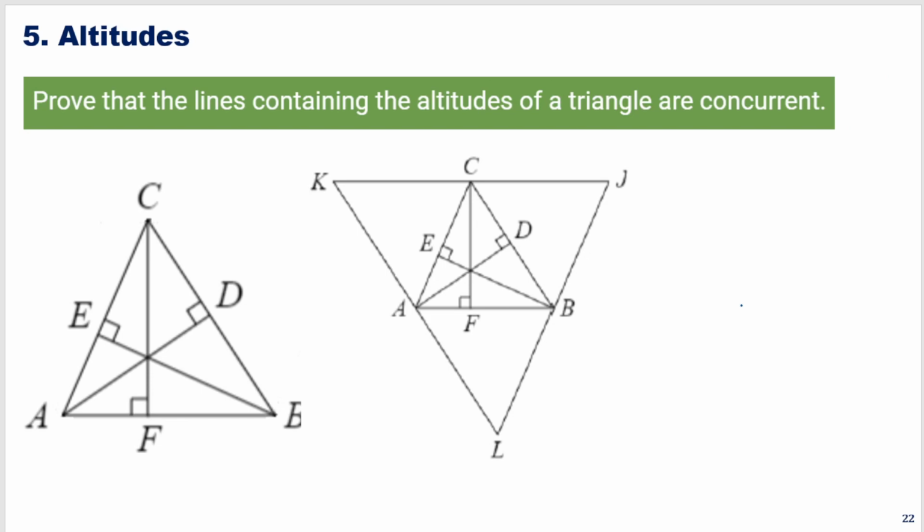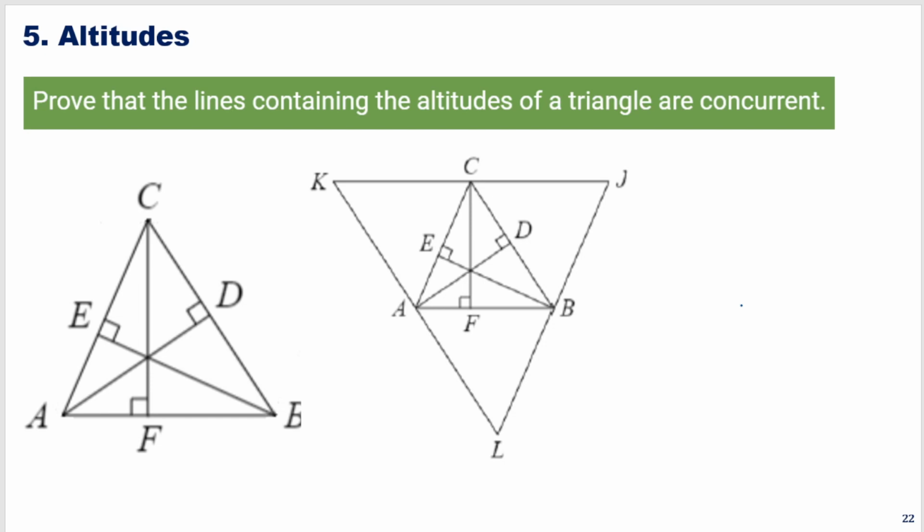Since then, the altitudes of triangle ABC would be perpendicular bisectors of the sides of the other triangle, right? This means we want triangle ABC to be the medial triangle of some other triangle, since we know that the sides of a triangle are parallel to the sides of its medial triangle. We know how to make a triangle starting with this medial triangle.